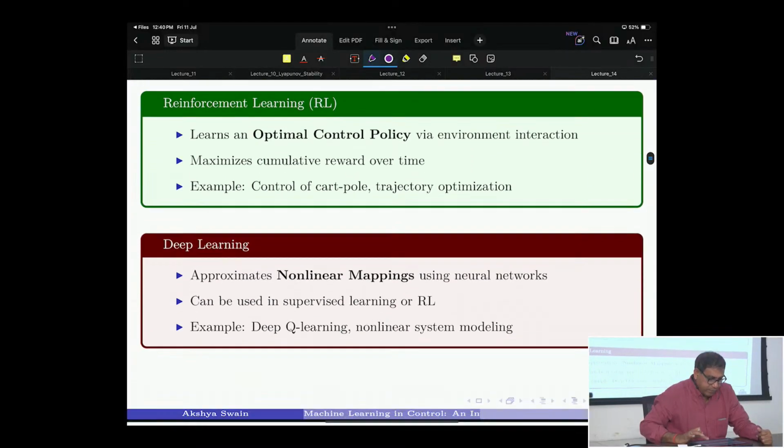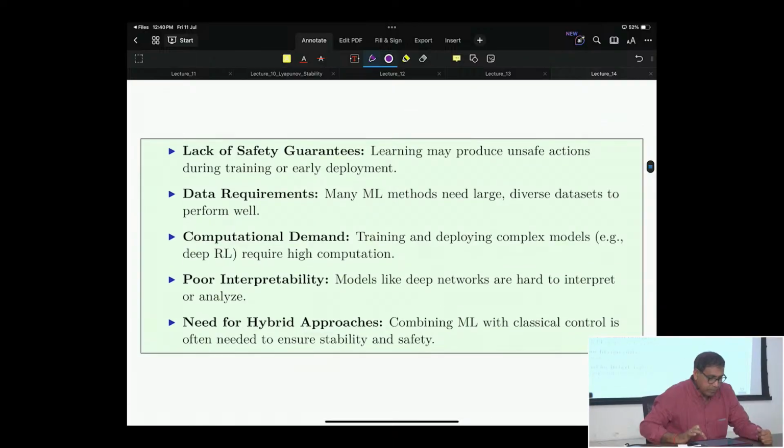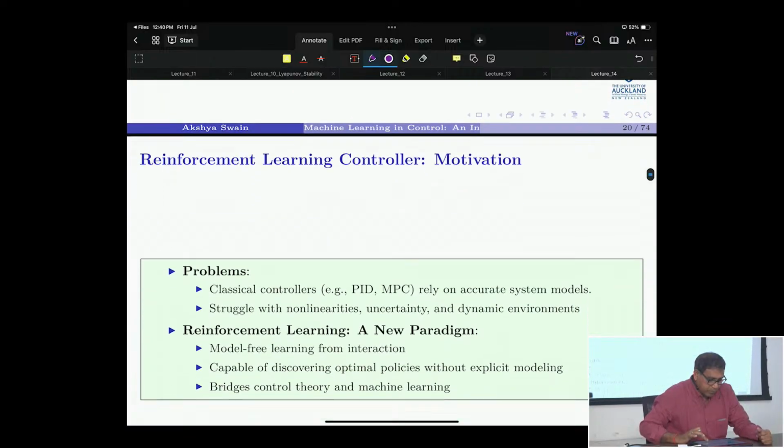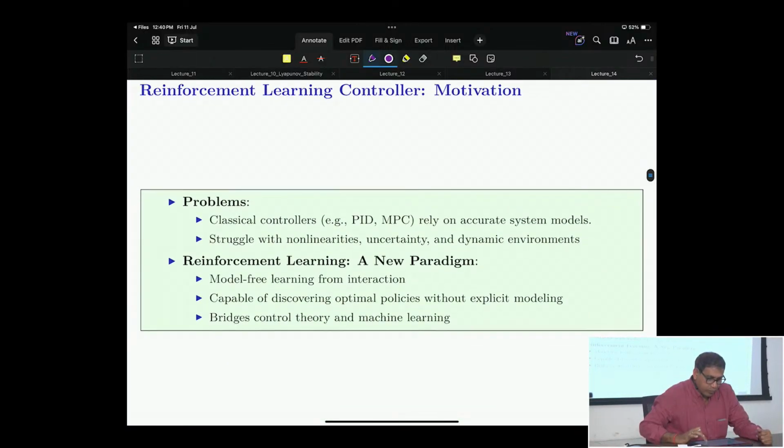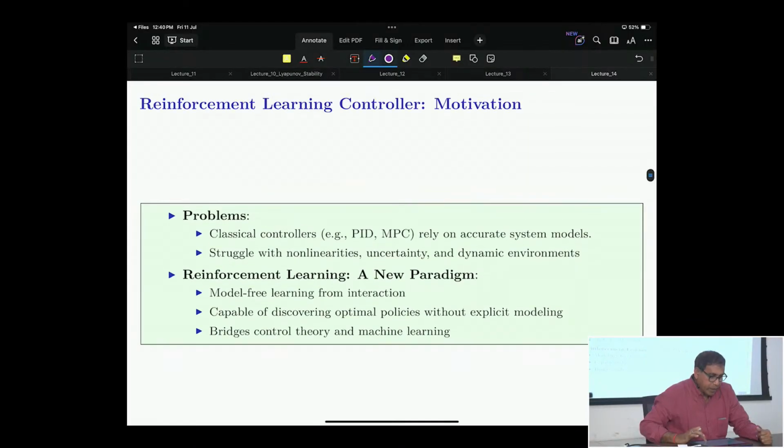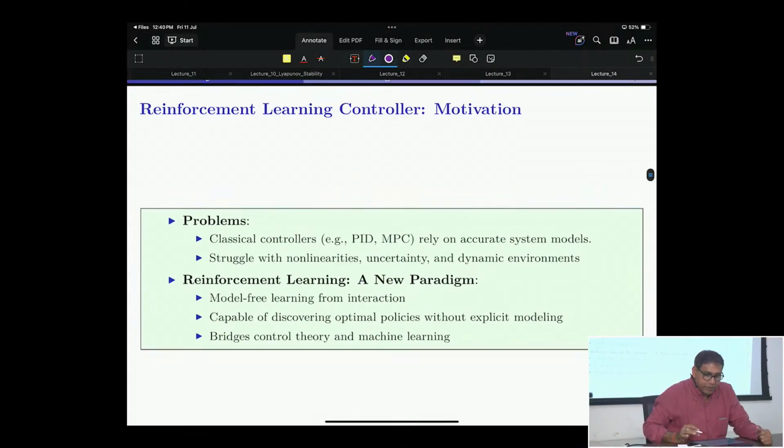Now see here. Classical controllers like PID and MPC rely on accurate system models and struggle with nonlinearities, uncertainty and dynamic environments, which is not true actually because MPC is there for nonlinear systems as well, but it doesn't matter.